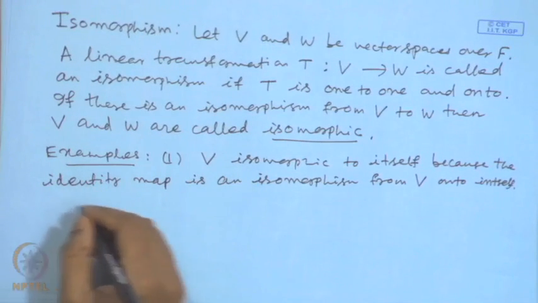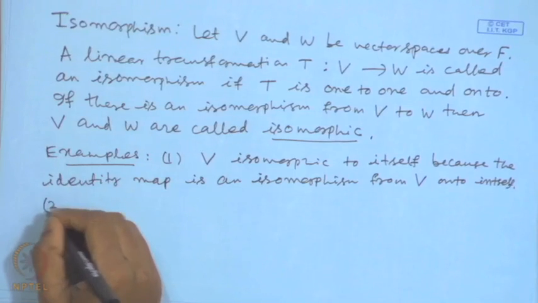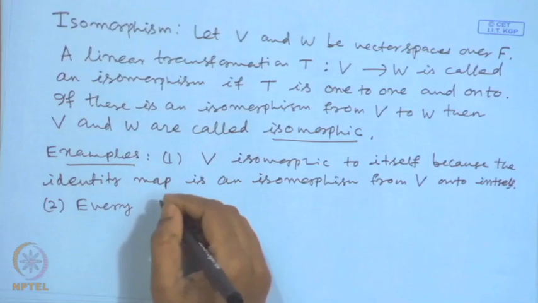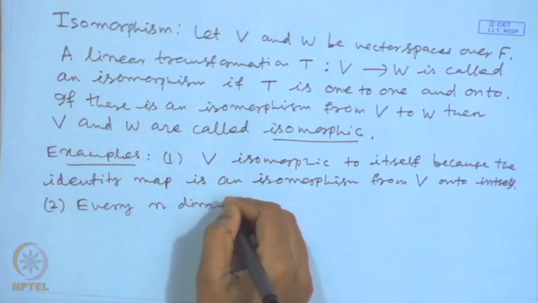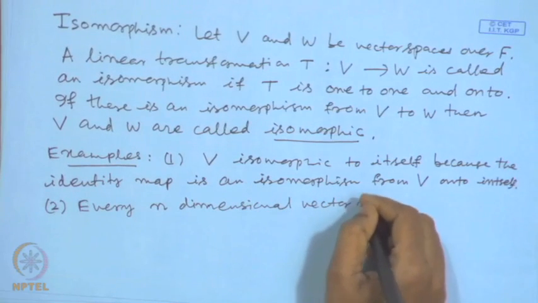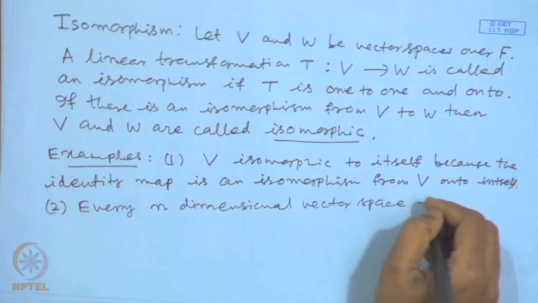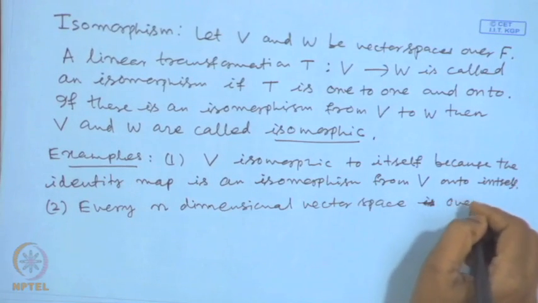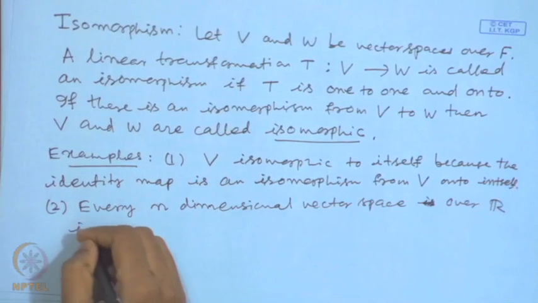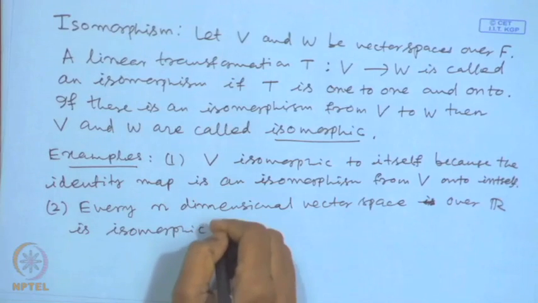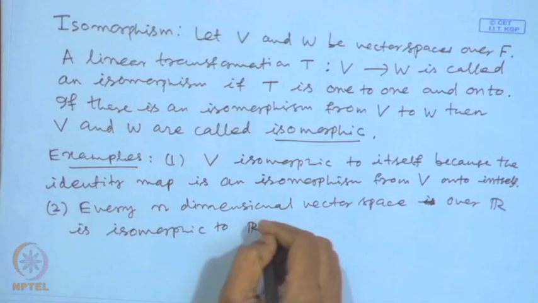Another example is that every n dimensional vector space over R is isomorphic to R n.